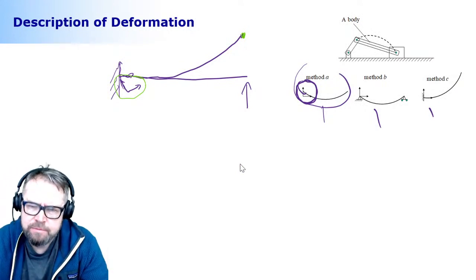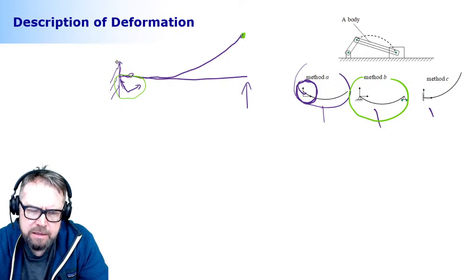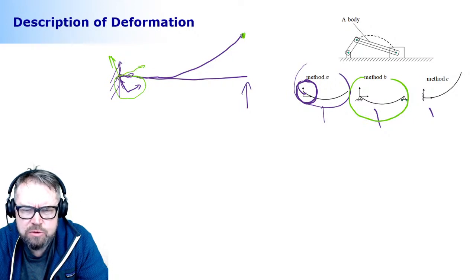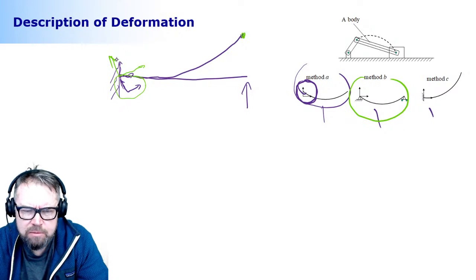What about the second? In the second reference condition, like this one here, the body reference coordinate system is attached to a material point, but is not following the orientation of the body; it's doing the rotation based on the reference coordinate system. Again, when I'm moving here and then here, my final destination is the same as here.